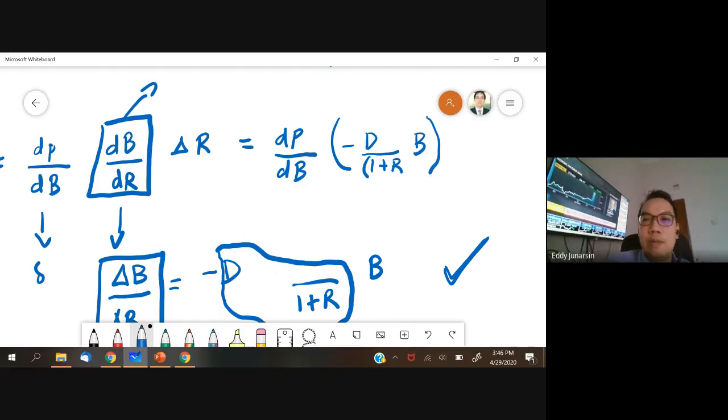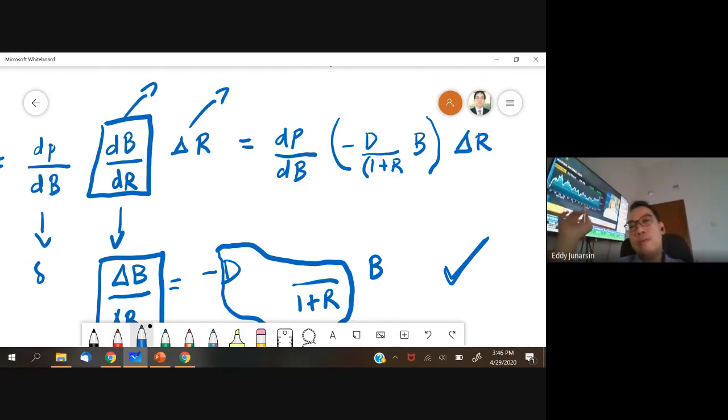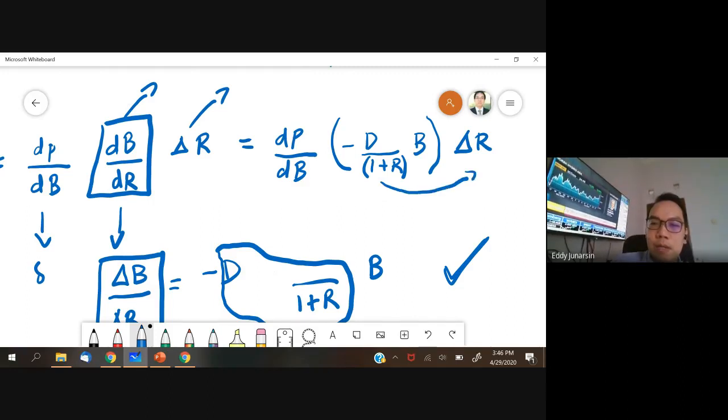And then of course, I can move this one here.